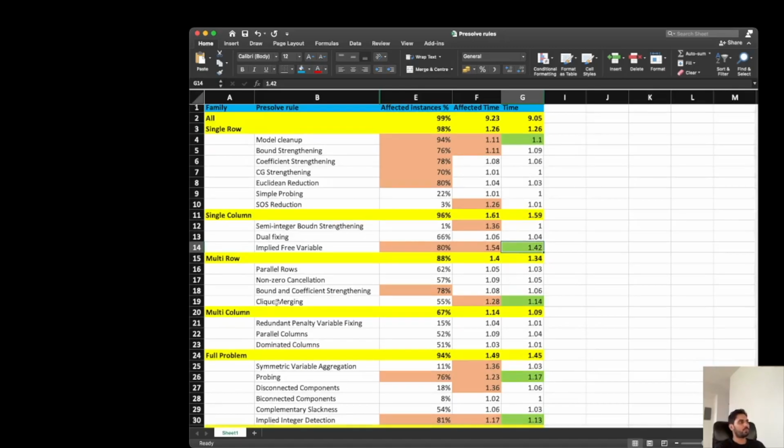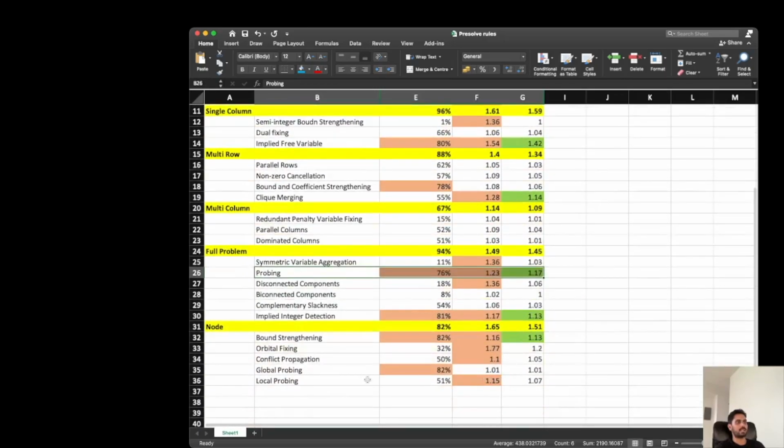The other impactful ones are clique merging, the must-have Presolve rule, and probing at the root node level. It turns out that probing at the root node level is more impactful than probing at the node level, including global and local probing. It's probably because the work limits over here are higher compared to the work limits at the node Presolve level.